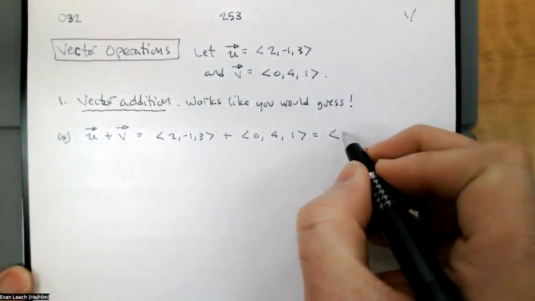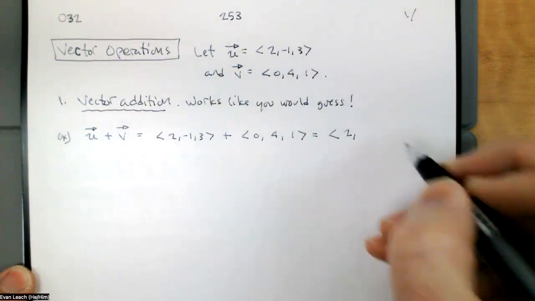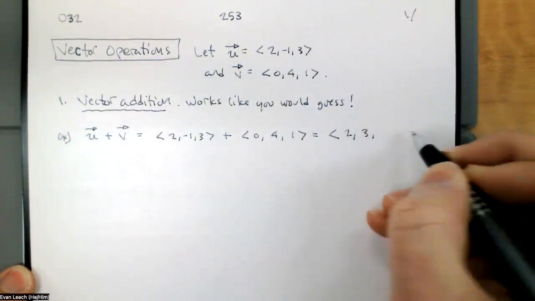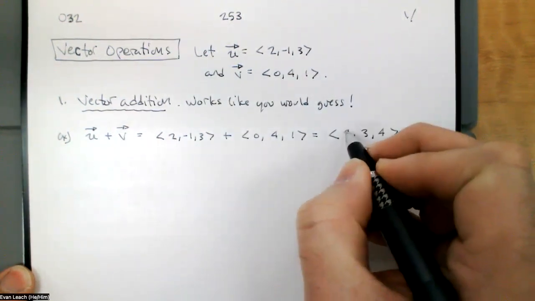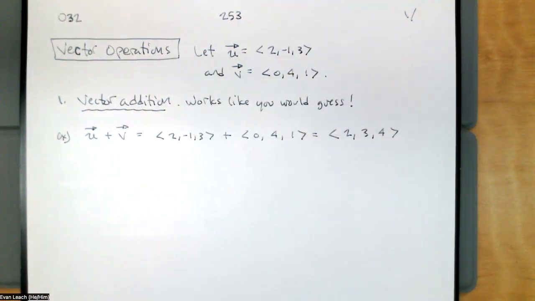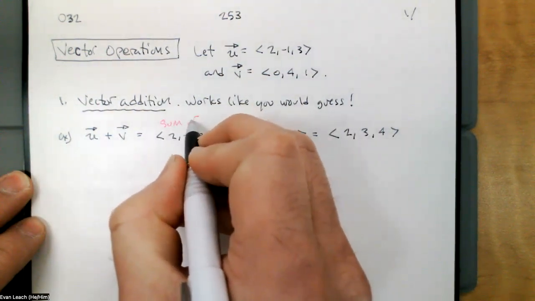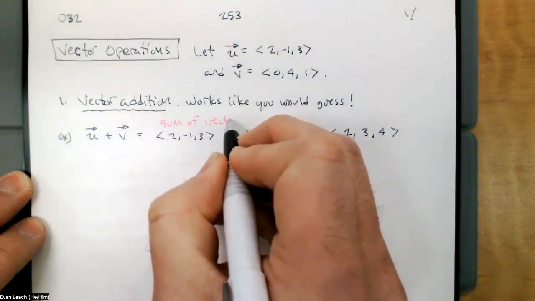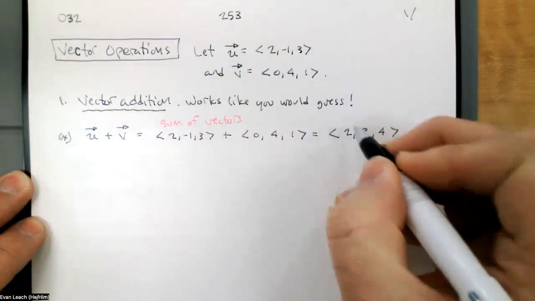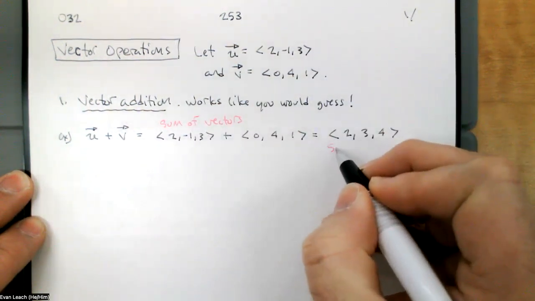What's our next entry in u plus v? And our last entry? We just add the corresponding component. So the sum of vectors is equal to the sum of the corresponding components.